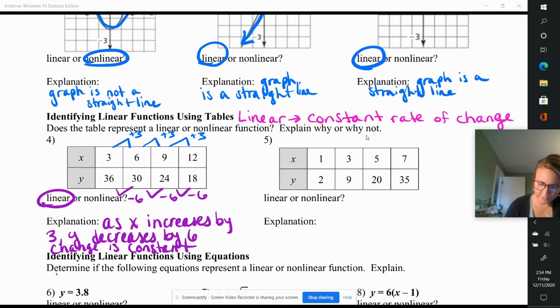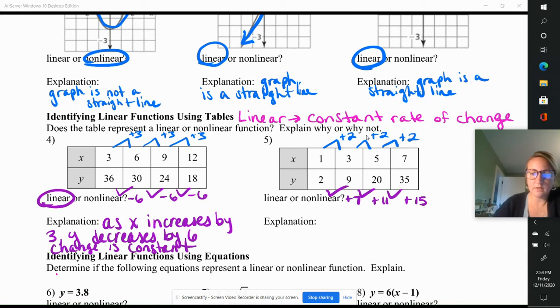For number 5, let's first look at the consecutive x values. 1 to 3, that's increasing by 2. 3 to 5, increasing by 2. 5 to 7, increasing by 2. The y values, 2 to 9, increasing by 7. 9 to 20, increasing by 11. And 20 to 35 increases by 15.